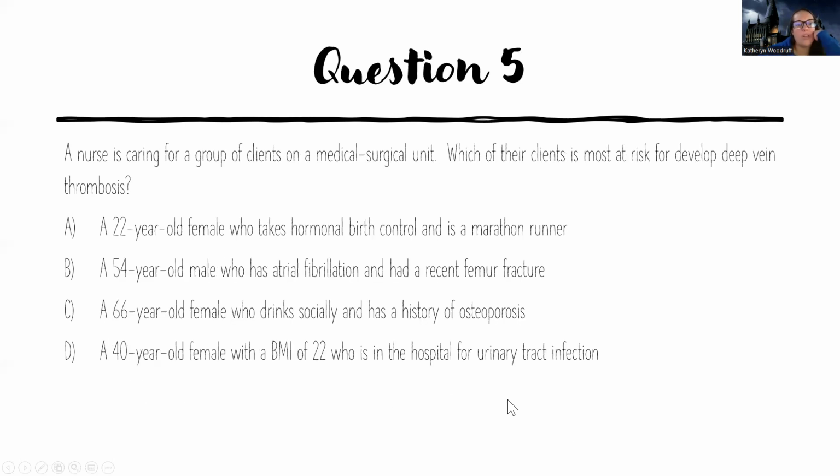All right, let's look at question 5. A nurse is caring for a group of clients on a med-surg unit. Which of these clients is most at risk for developing deep vein thrombosis? So this is a risk factor question, and with risk factor questions, we always want to count who has the most risk factors.